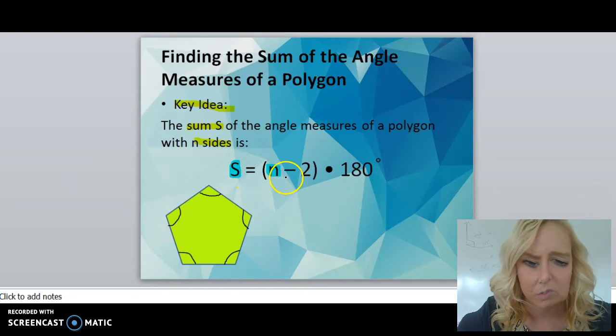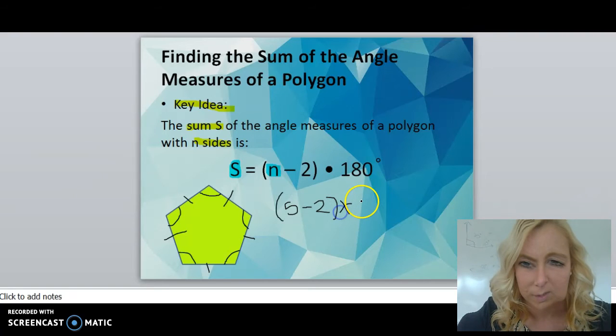So S equals, we're going to take the number of sides, which is 1, 2, 3, 4, 5. So I'm going to take 5 minus 2 times 180 degrees.